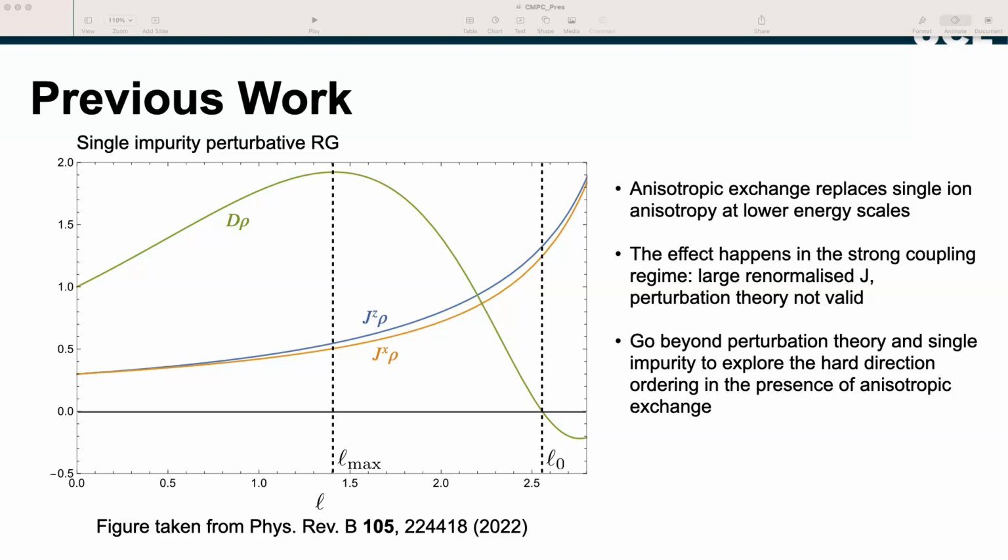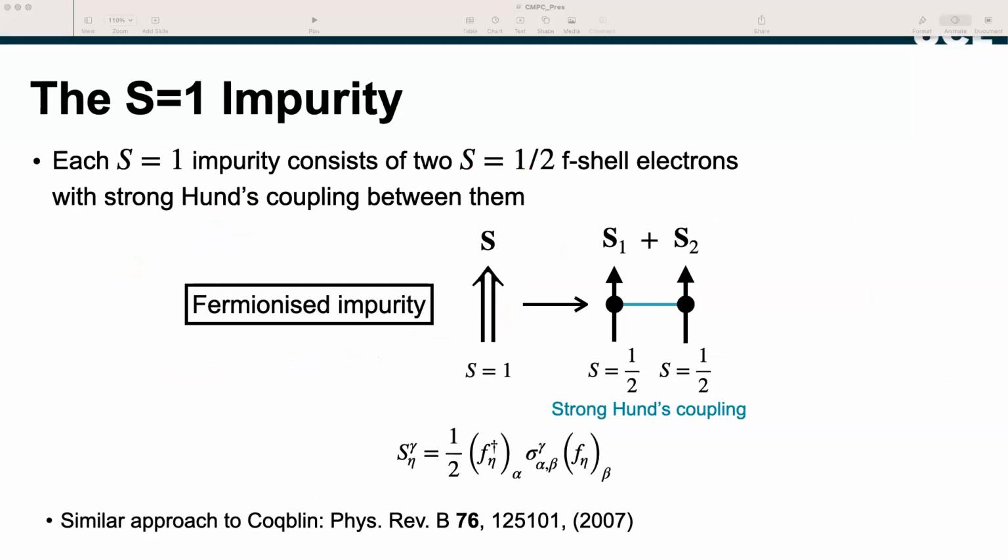So in that regard, we want to go beyond perturbation theory, because we have large J's, and we want to take into account the entire Kondo lattice, so we can study the effect of magnetic order in the system. So to start, each of the spin 1 impurities consists of 2 electrons, 2 spin half F-shell electrons.